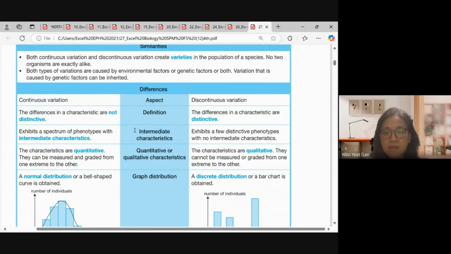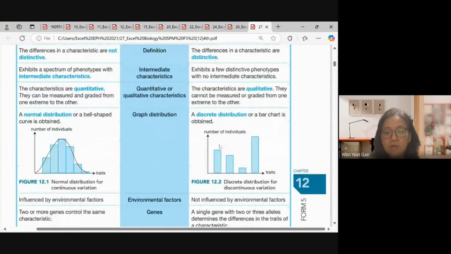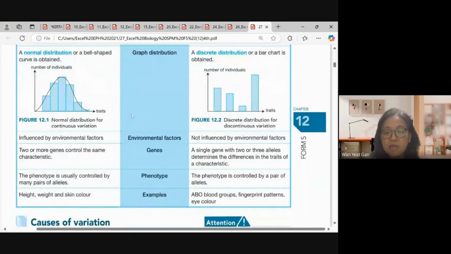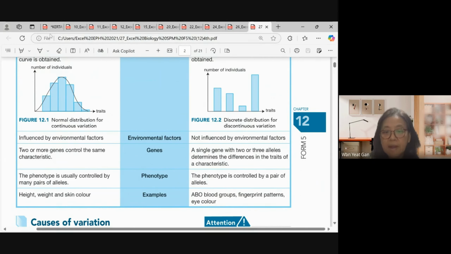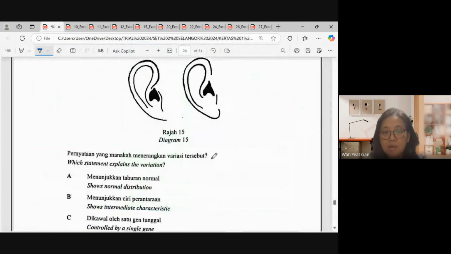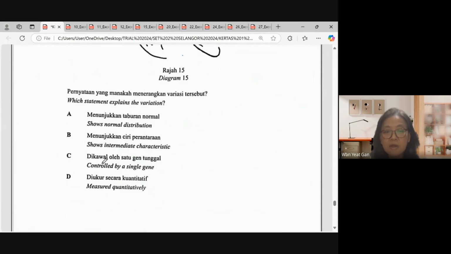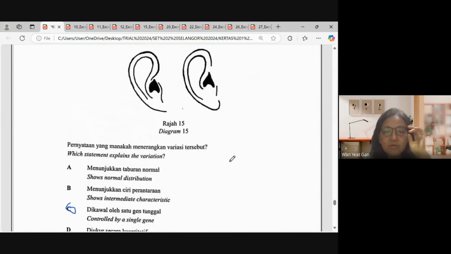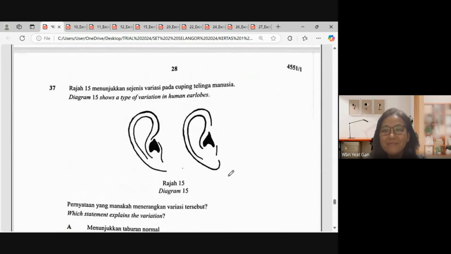You can see them, they are apparent, and there is no intermediate characteristic. The gene that controls this trait is a single gene, which determines the differences in the trait. So the answer here is C. The variation is controlled by a single gene.